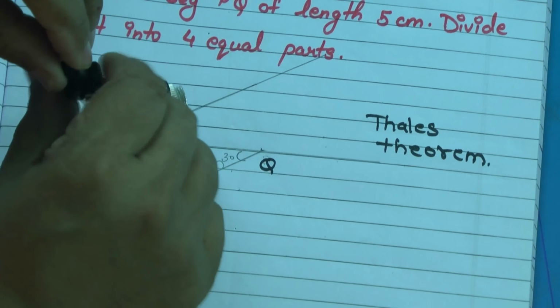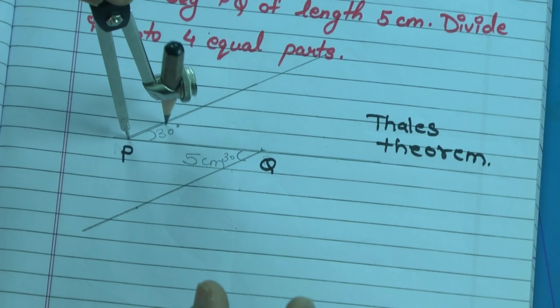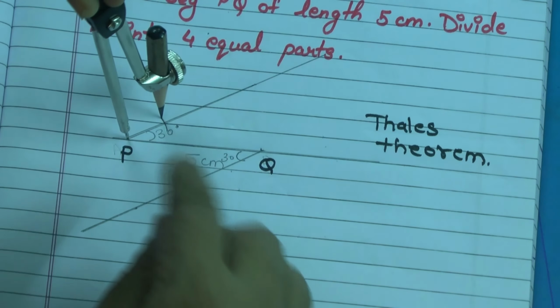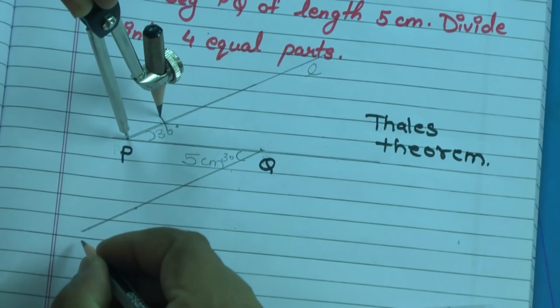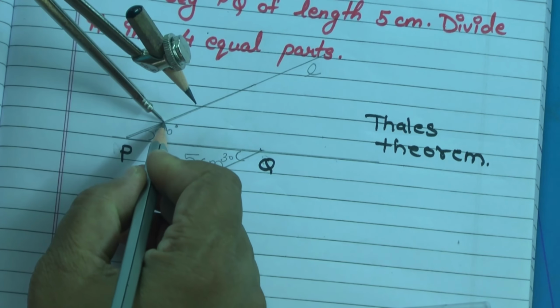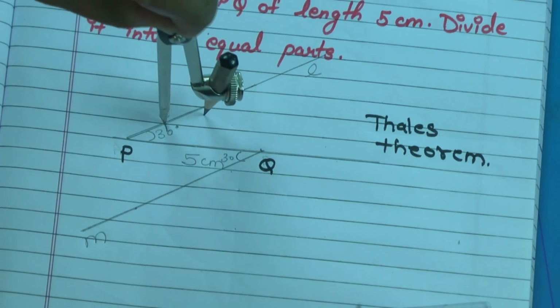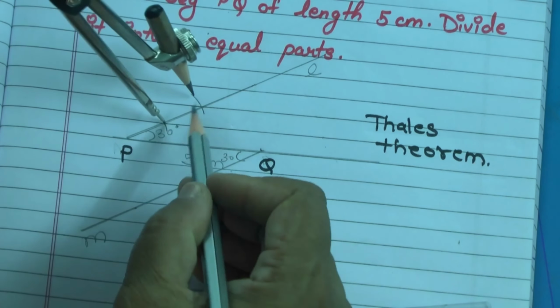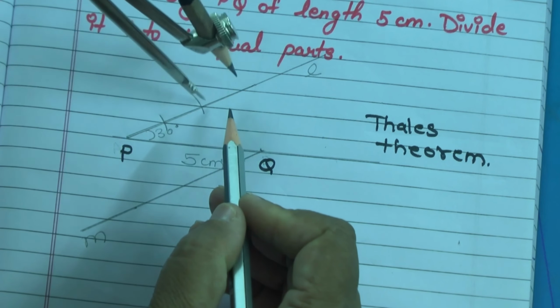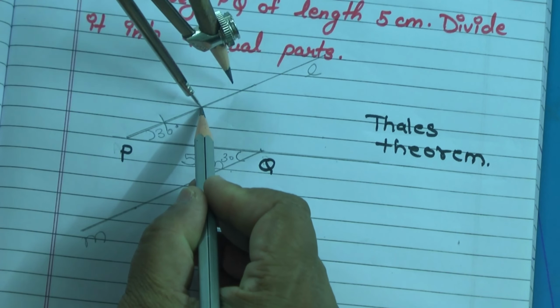I'll be keeping the pointer at the point P and giving an arc on this line. Say it as L and this line as M. Lift the pointer and keep the pointer on the given arc. Give an arc. 1 division, 2 division.